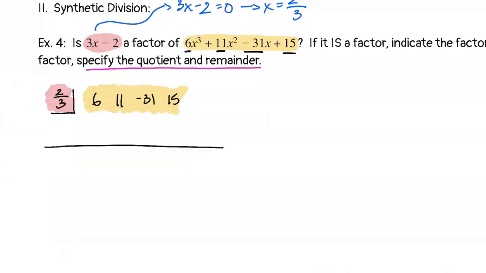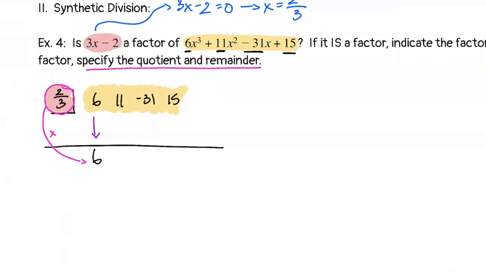All right, so here's how this process works, okay? The first thing we're gonna do, this first yellow number, we're gonna drop it straight down. Okay, first yellow number comes straight down. Then we're going to take the number here, all right? And we're going to multiply it times the 6.